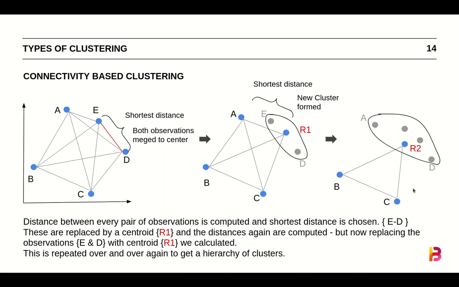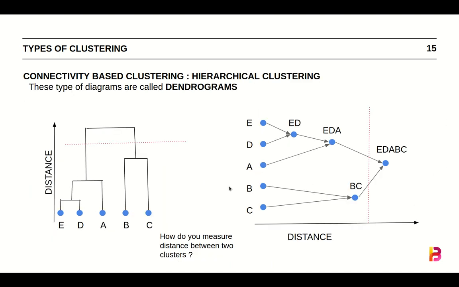So imagine if this sheet extends here and we draw the next iteration as well. Perhaps B and C were the next closest ones, so they would form a different cluster from this. There would be one cloud here, and we would put another dot here representing B and C, and then there would be one cloud covering everything. So here at the next distance level B and C get combined, and finally everything gets combined.